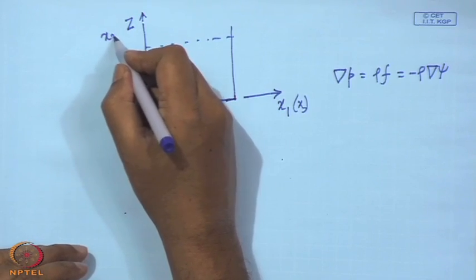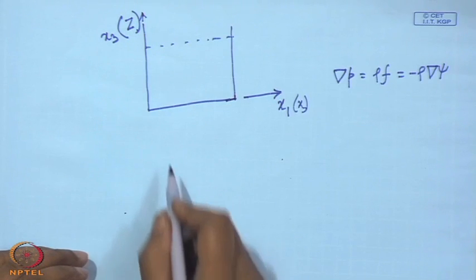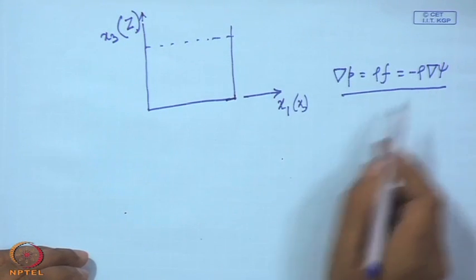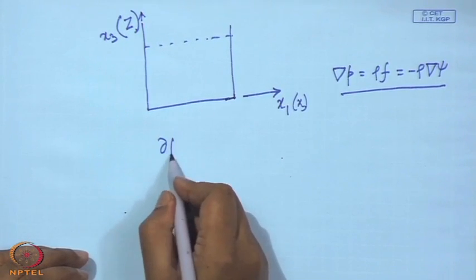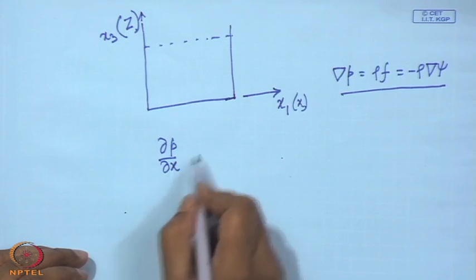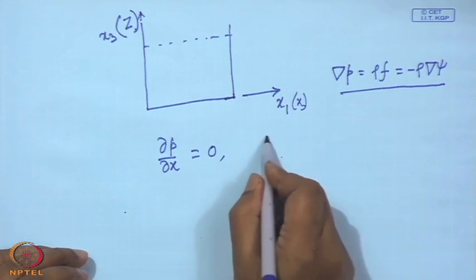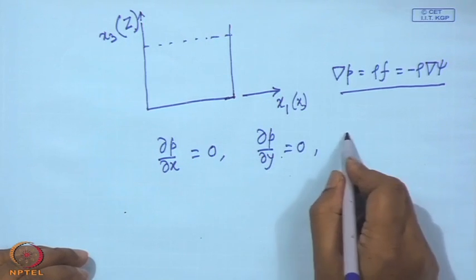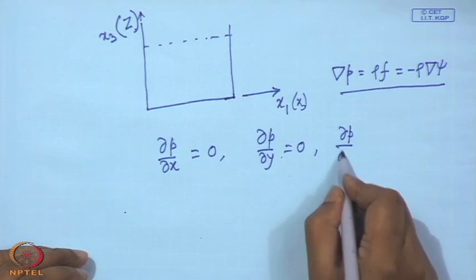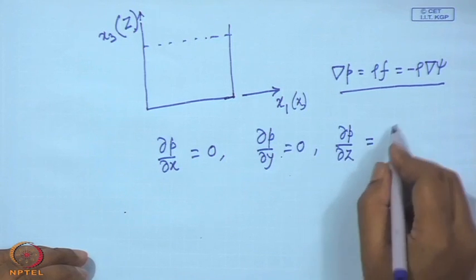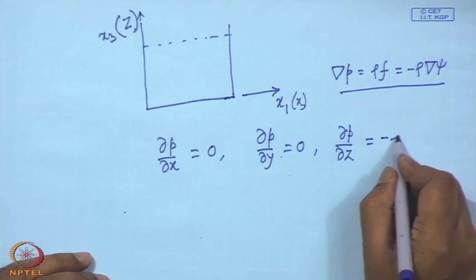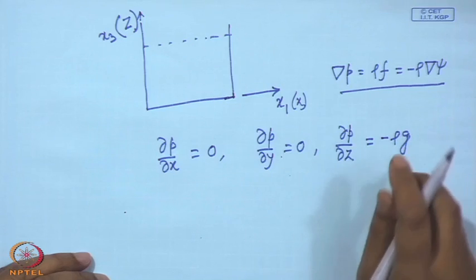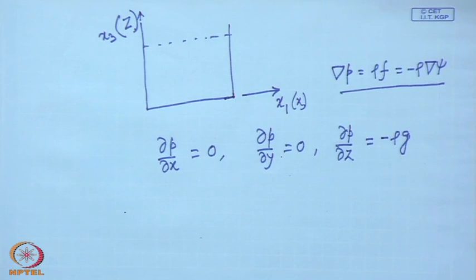There is only gravitational force, and this equation can be simply written as dp dx equal to 0, dp dy equal to 0 and dp dz equal to minus rho g.